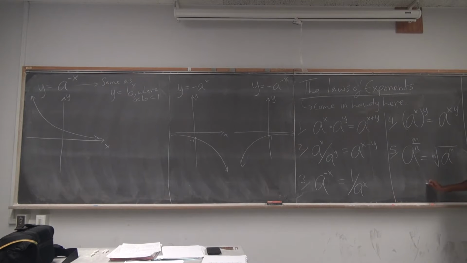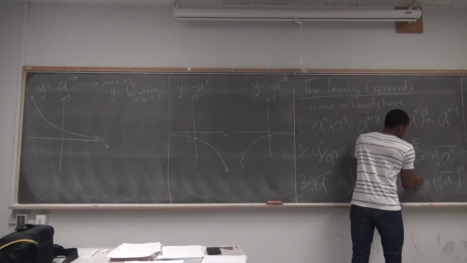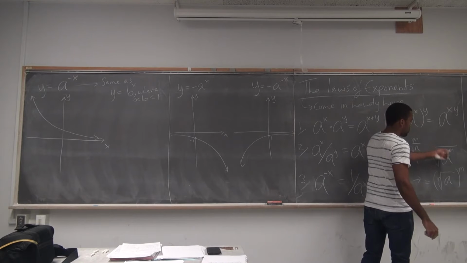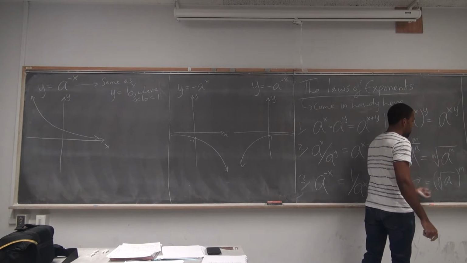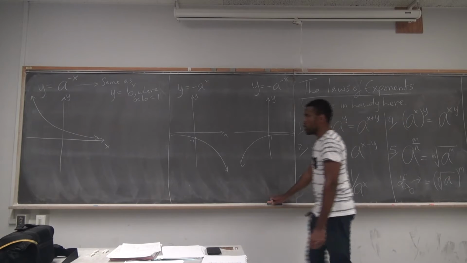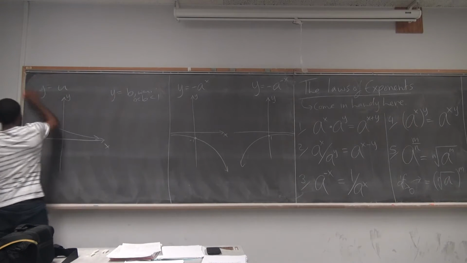Now if your a is positive, it actually doesn't matter which one you do first. So they're the same if a is positive. You can actually raise it to the power first and then take the radical, or you can take the radical and then raise it to a power. And usually you'll want to do the one that's more convenient for you.